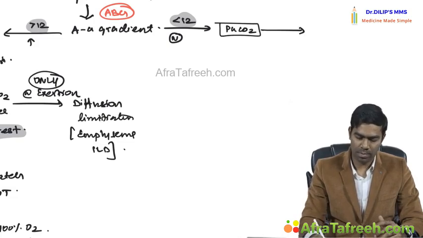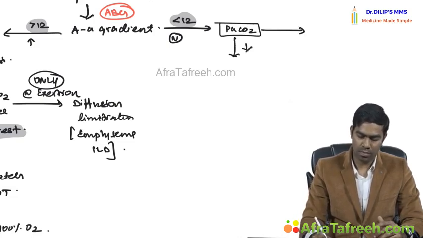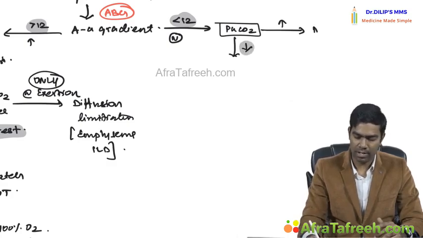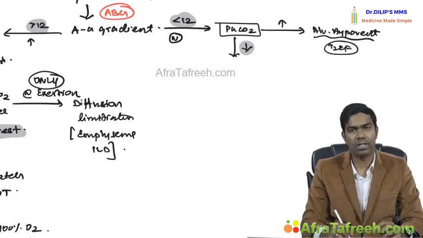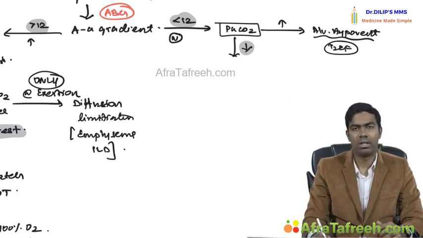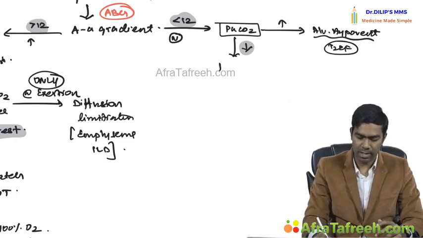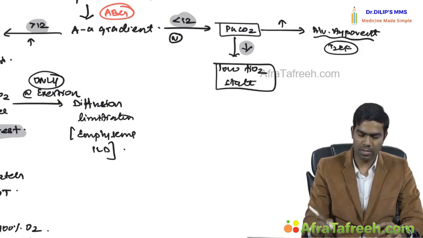PaCO2 can be low, which means the patient is hyperventilating, or PaCO2 can be high, suggestive of alveolar hypoventilation, which means it is suggestive of predominantly a type 2 respiratory failure. If PaCO2 is low, it indicates the patient is breathing a low FiO2, a low FiO2 state, which means the patient is probably having a circuit failure or equipment failure, and you try to correct that.